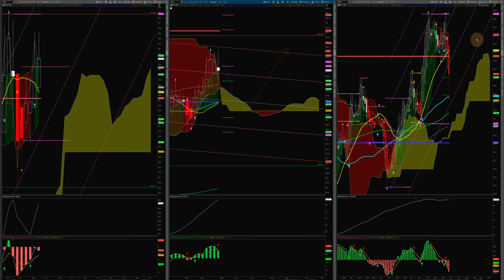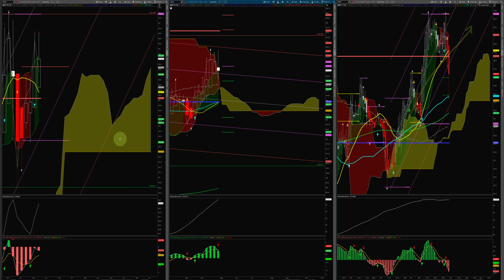And lastly, on the daily, which is short time frame, you're still above the cloud, which is still bullish. You just bounced off the 50 SMA. You're above the 200. You're above the 100, but you are below the 20 SMA. Linear regression channels are pointing up. I mean, it can't get better than this in regards to more upside.